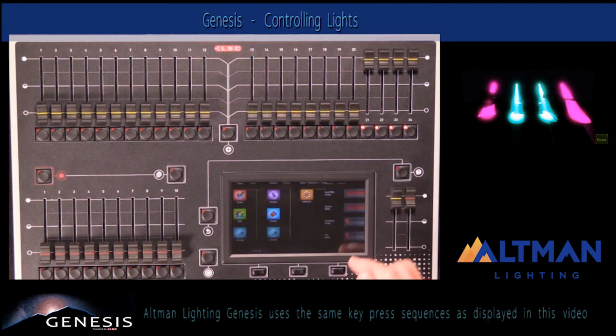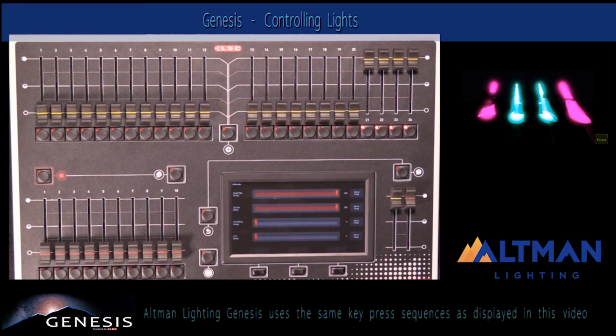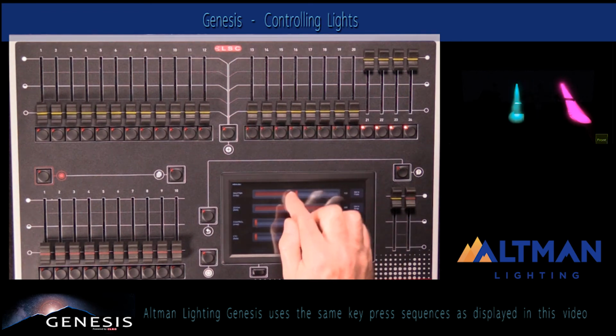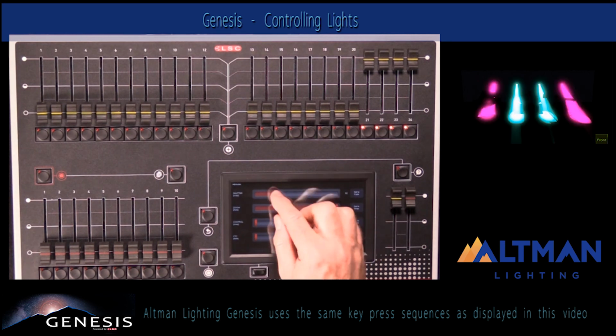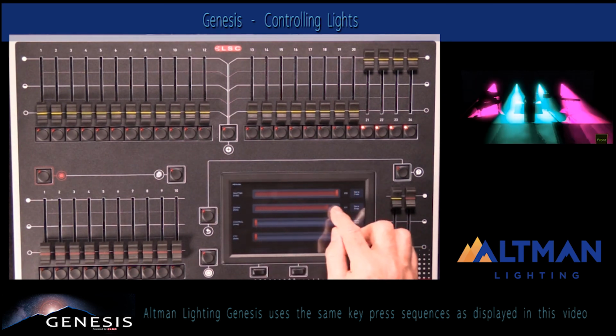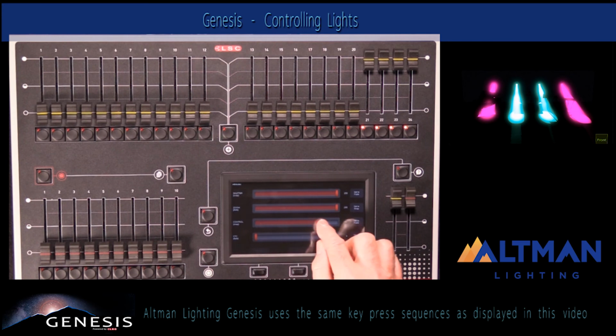The Beam Other button gives us access to any parameters that do not appear under the Color app or under the Pan and Tilt Position app. So this might be things like our strobe function, our zoom control and reset, and any other functions.